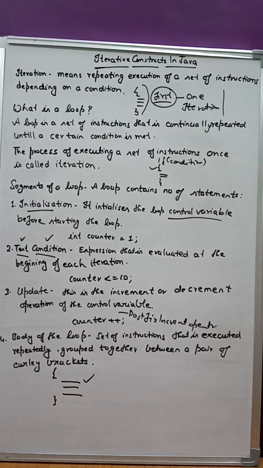In general, if you need to repeat a process more than one time, or the same set of instructions to be executed more than one time, you will use the looping concept. In earlier programming, if a certain condition was right or wrong, the execution was done on the basis of it, but only one time. But if you have to check the same condition 10 times, what will you do? In that case, you will use the concept of loop.